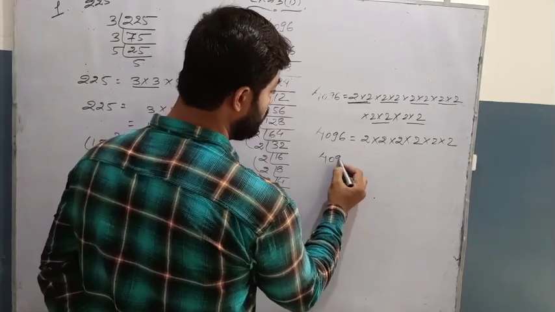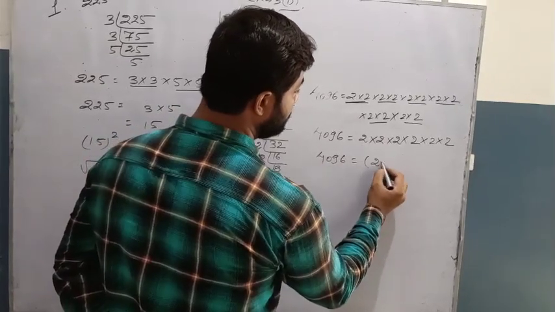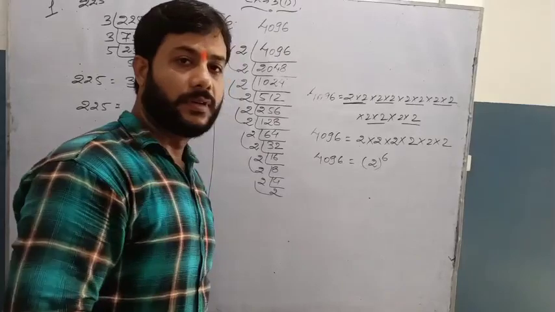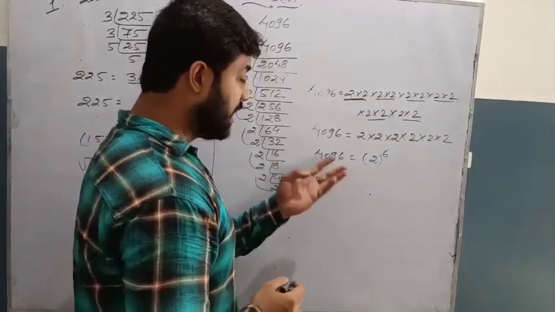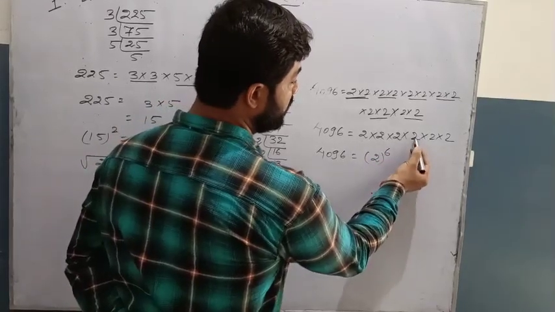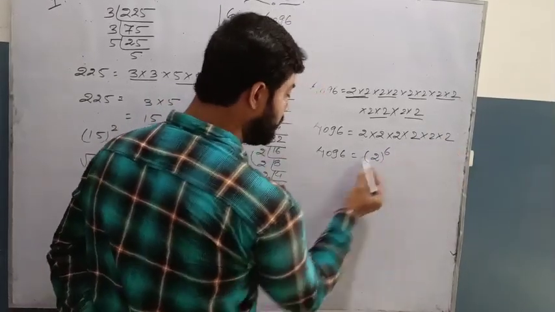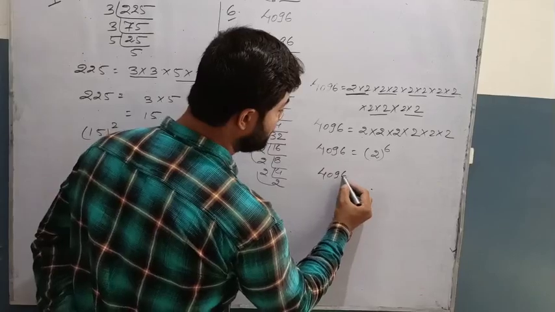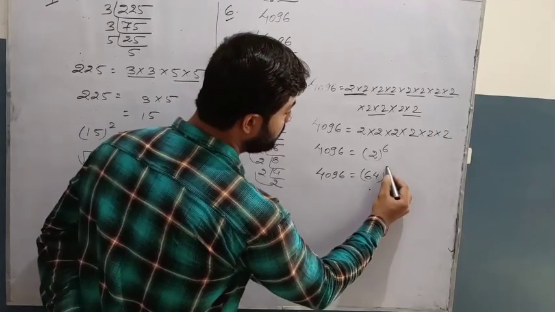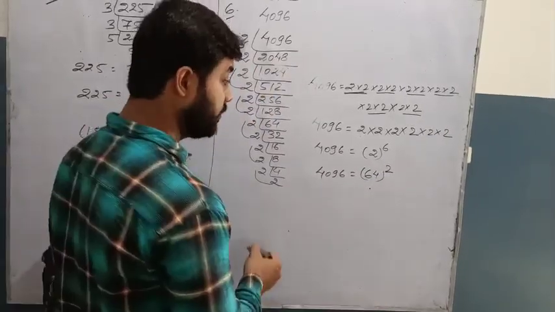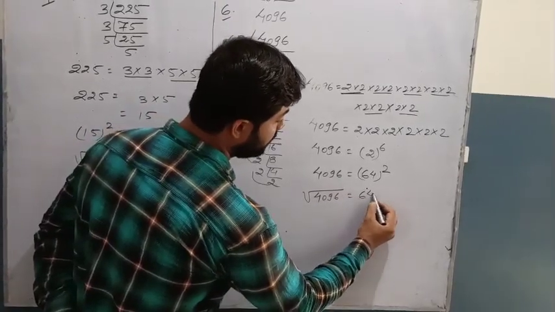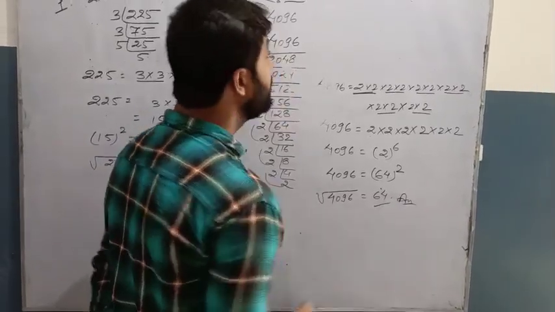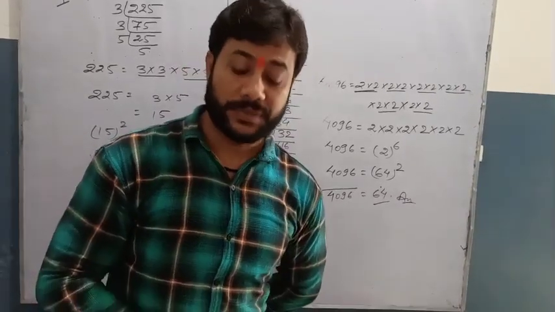So the square root of 4096 is 2 to the power 6. It means that 2 2s are 4, 2 4s are 8, 2 8s are 16, 2 16s are 32, 2 32s are 64. So 4096 is the square of 64 and the square root of 4096 is 64. It means that 4096 is a perfect square.